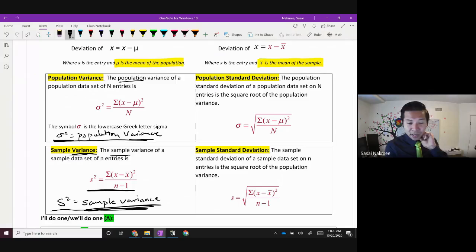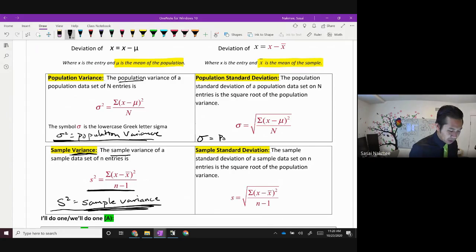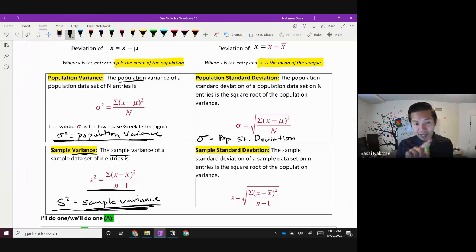Of course, within that, there's a few more things you need to know. I know, I'm throwing all these letters at you. Sigma by itself, without the squared, represents your population standard deviation. This is the big one. Your population standard deviation is just the little circle with the line without the two there.